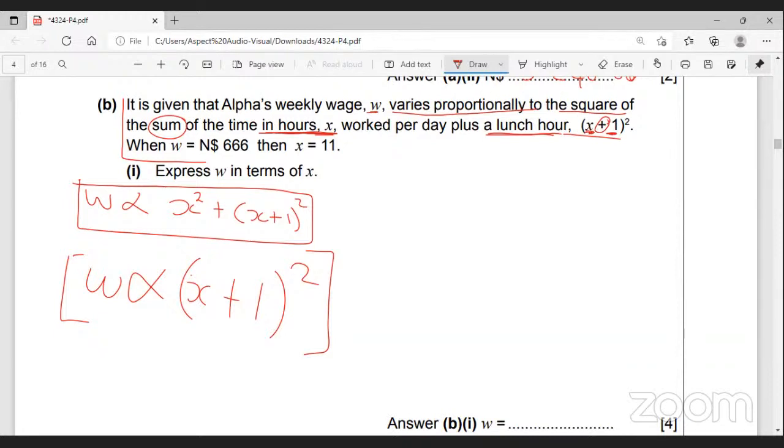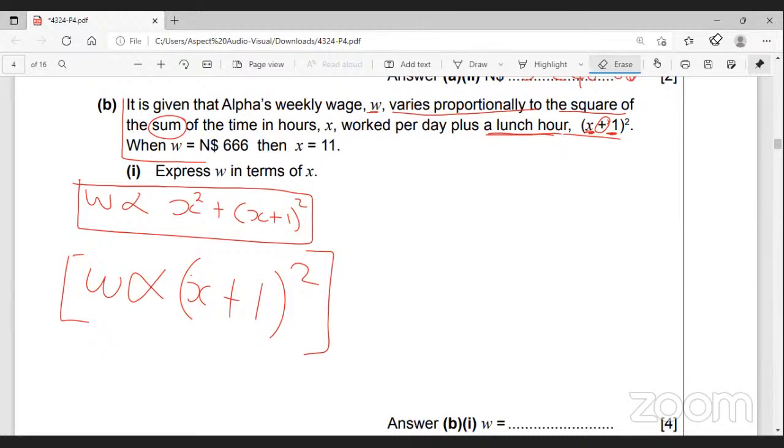I want Mr. Magunda. He knows. Can I explain it another way? Imagine it's just 4 marks. So the same with W. Let's start here. It's given that Alpha's weekly wage is W. If you come here, the time in hours is X. Why did you not put W squared?